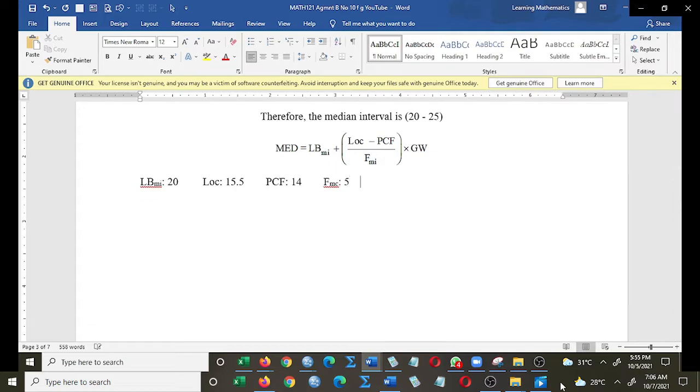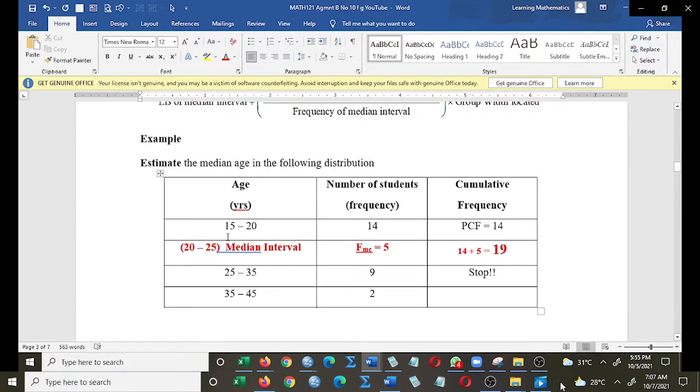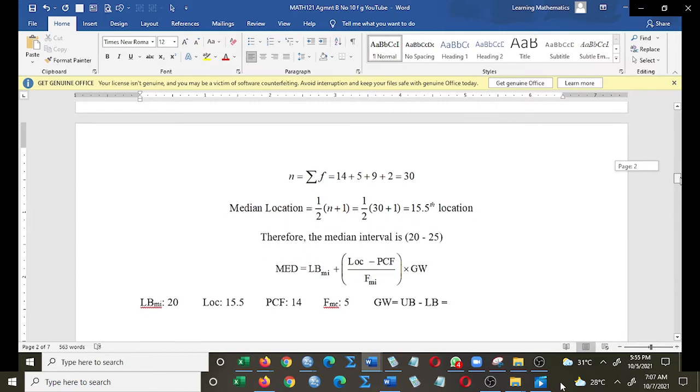And what else do we need? Obviously, the group width. The group width is equal to the upper boundary subtract the lower boundary. That's how you calculate the group width. So please take that down, the upper boundary minus the lower boundary. The upper boundary is 25, the lower boundary is 20 because we're talking about the median class.